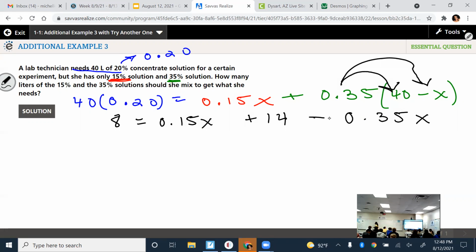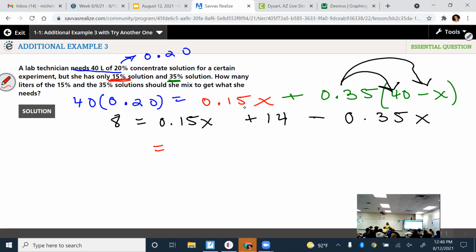So this one's a hard one. Put one more together. All right, now what do I do? Combine like terms, yes. So what are my like terms? 0.15x and negative 0.35x.